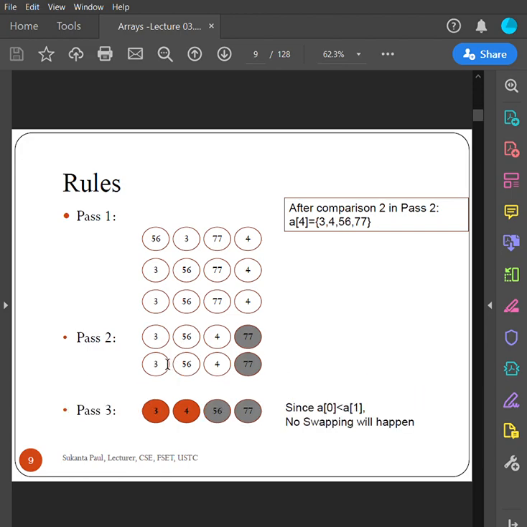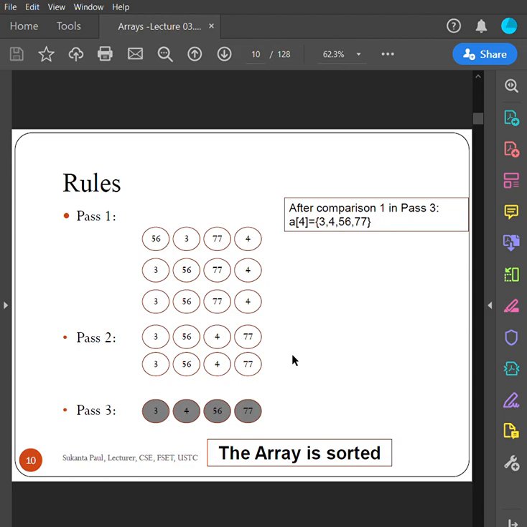After pass 2 is completed, we see that two values are already sorted, which are 56 and 77. Now we have to compare a0 and a1. Since a0 is less than a1, no swapping will happen. Now we can tell that after pass 3, all values are sorted: 3, 4, 56, 77 in ascending order.